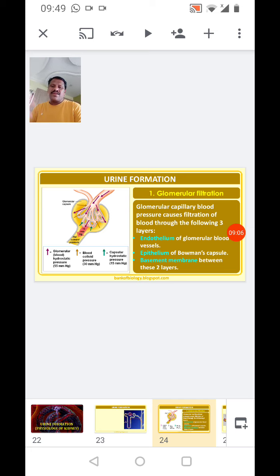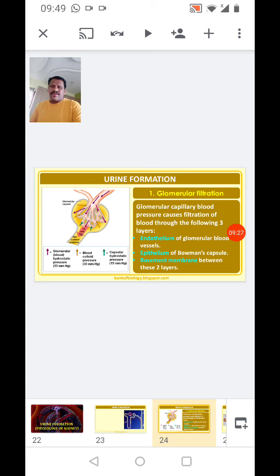In other words, it is called kidney failure. Understand? That means the net filtration pressure is very important, and due to this net filtration pressure, filtration of the blood occurs.